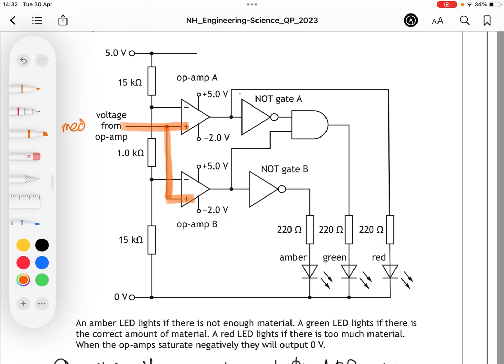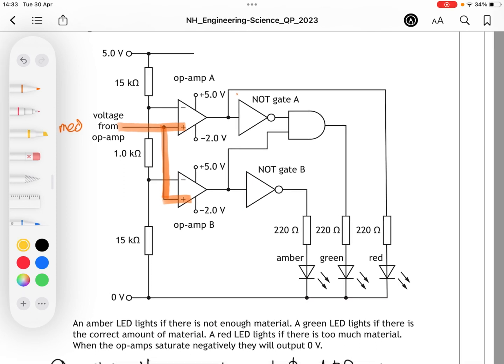So if there's a medium voltage coming into the reference or the non-inverting input, that means that for op-amp A, our inverting input is still going to be higher, but for op-amp B, our inverting input is now going to be a lower value. So op-amp A will still saturate negatively and give us an output of 0, but op-amp B is going to saturate positively.